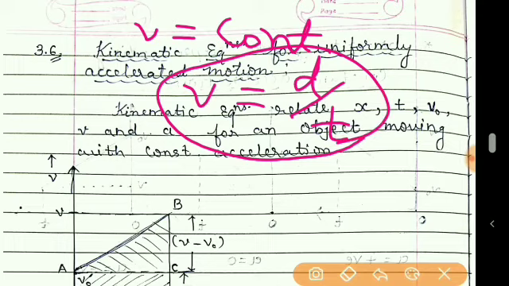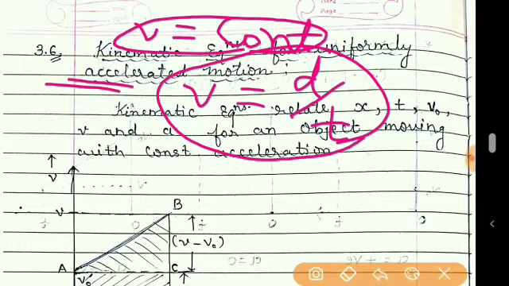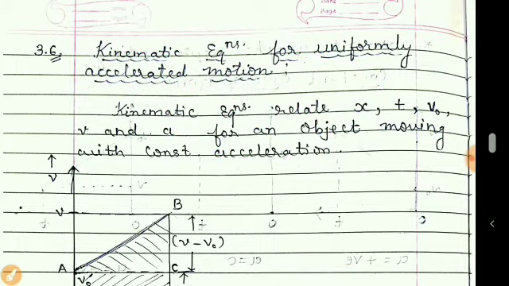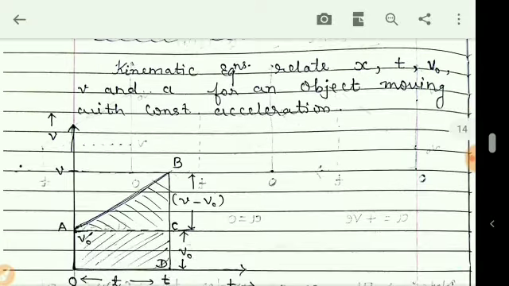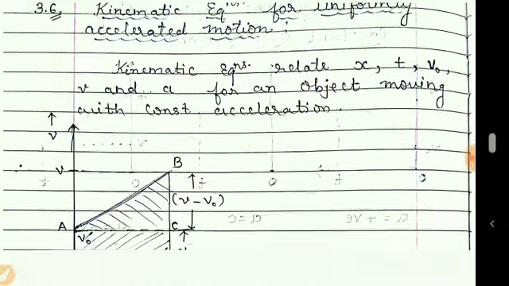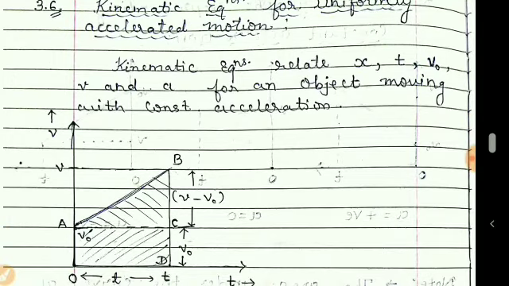But when the velocity is not constant, means there is an acceleration, and if the acceleration is constant, in that case this formula is not used to find the velocity. So for such cases kinematic equations are used.